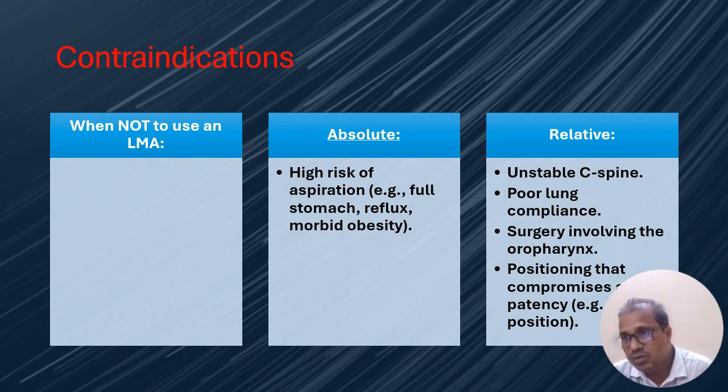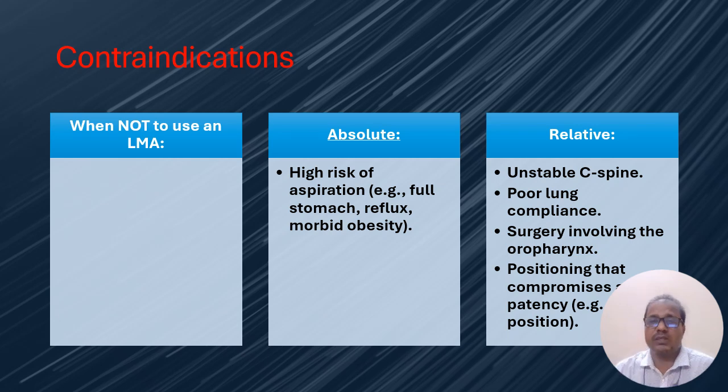If we use the LMA, there is a very high chance of gastric aspiration and aspiration pneumonia, which may be a very fatal and life-threatening condition for the patient. We will never use the LMA in this situation.